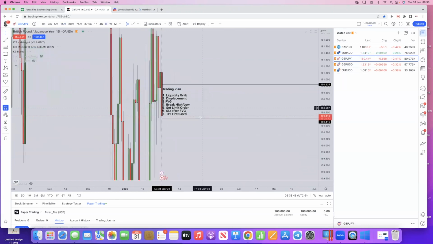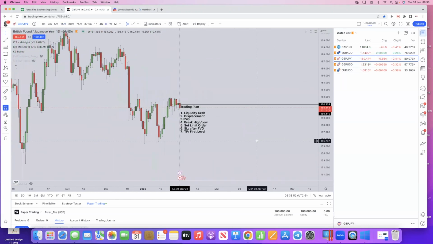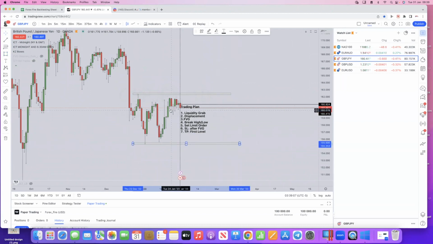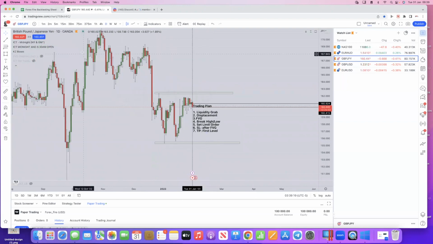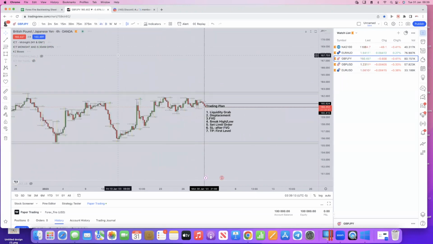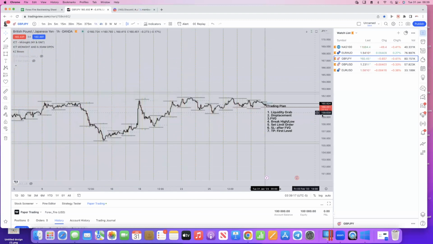If I was just to go on a daily, I want to have a quick look at where we are on the daily format. We can see we've got the buy side here, and some sell side liquidity on this here. We'll go down to the 4-hour, down to 1 hour.